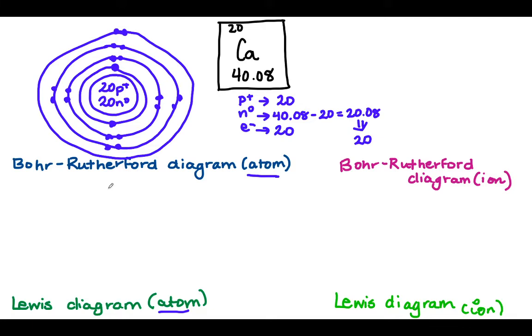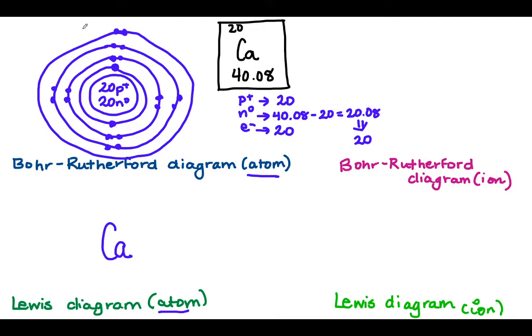So this is how I draw my Bohr-Rutherford diagram for the atom of this element. If I'm drawing the Lewis diagram for the atom of this element, it's similar to this, but it's a lot simpler. So you just start off with drawing the element symbol in the center, which is calcium, Ca. And then you only have to draw the valence electrons.